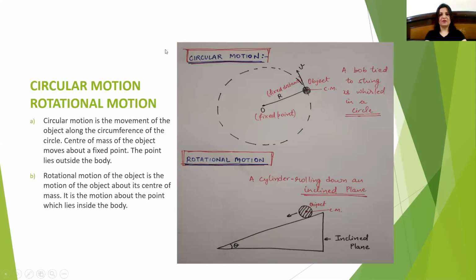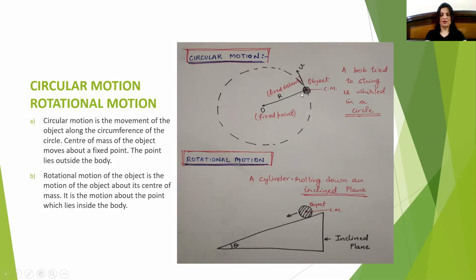Okay. Now the first one is circular motion. Here you can see the object. It is moving along the circumference of the circle. So we can see here that this object is moving about a fixed point, and this fixed point is the center of the circle, and this object is at a fixed distance from this fixed point.